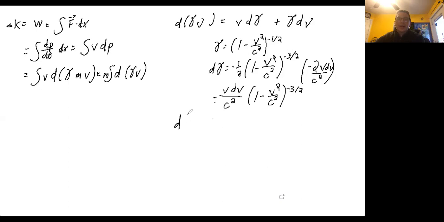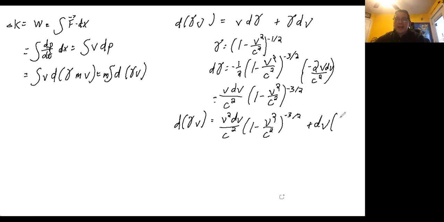So now we can write d of gamma v as being equal to, we have v d gamma, so that becomes v squared dv over c squared times 1 minus v squared over c squared to the negative 3/2, plus dv times 1 minus v squared over c squared to the negative 1/2.